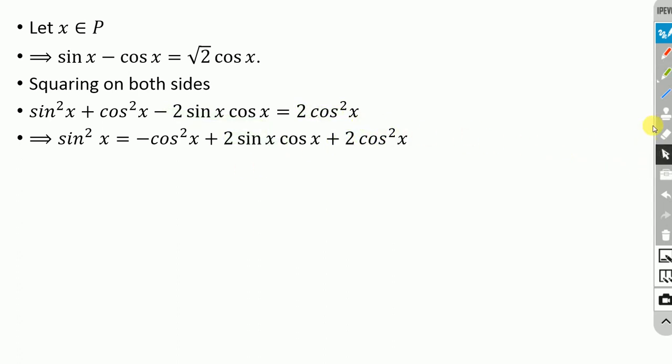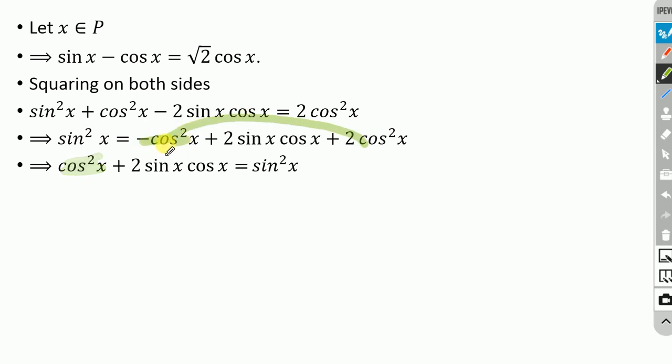Next, 2 cos square x minus cos square x is cos square x. So we get cos square x plus 2 sin x cos x is equal to sin square x. To complete the square on the left hand side, let me add sin square x on both sides.